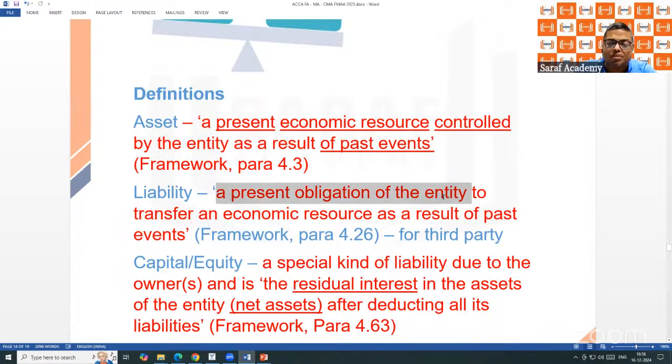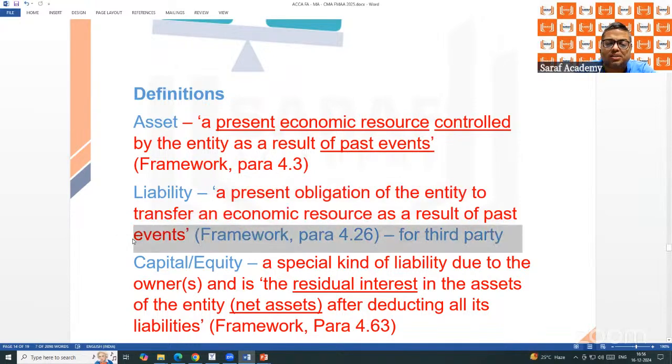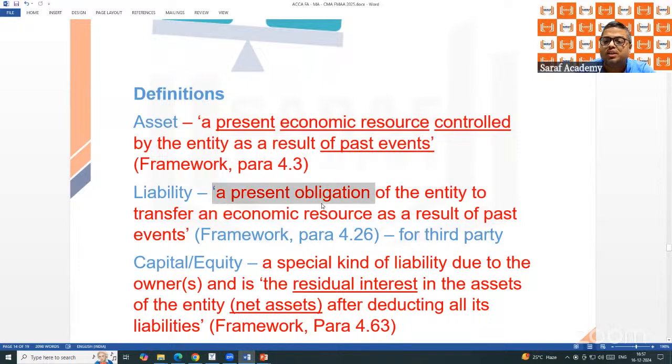A liability is a present obligation of the entity to transfer economic resources as a result of a past event. Suppose I have 10,000 rupees payable to somebody for purchasing a computer, for purchasing goods and services. I have a present obligation. My entity has a present obligation to transfer an economic resource.